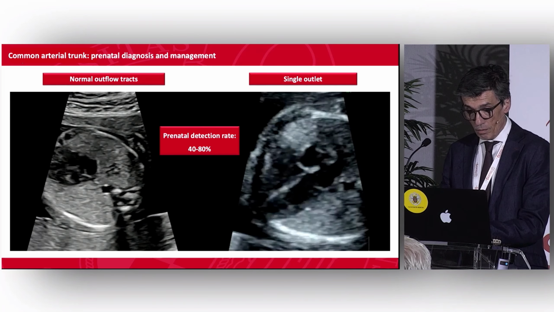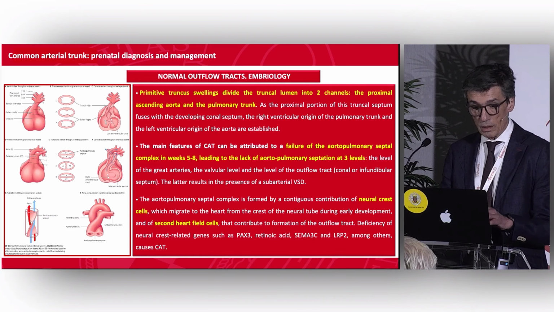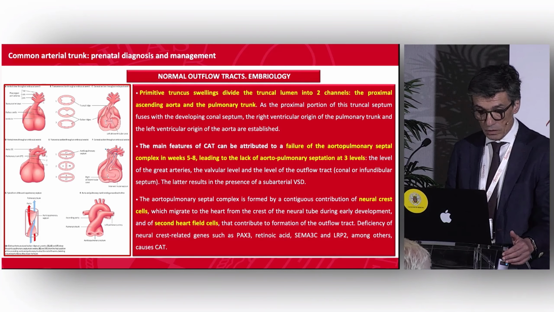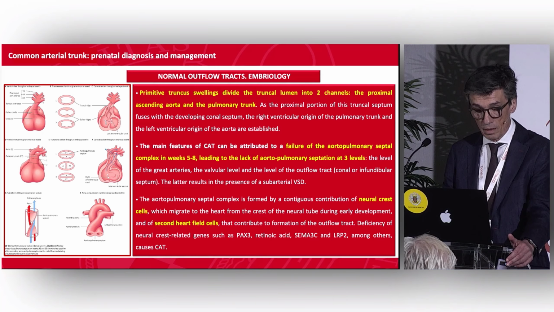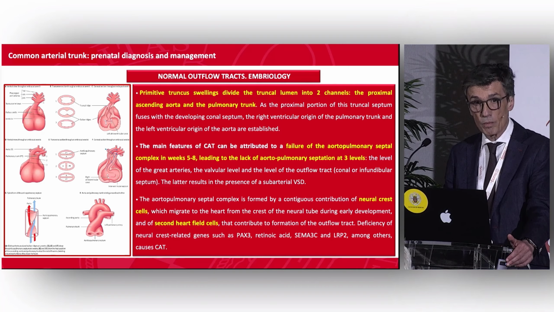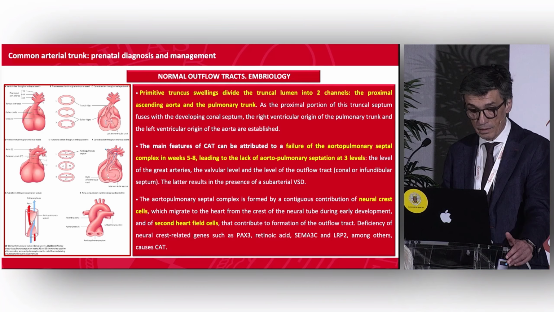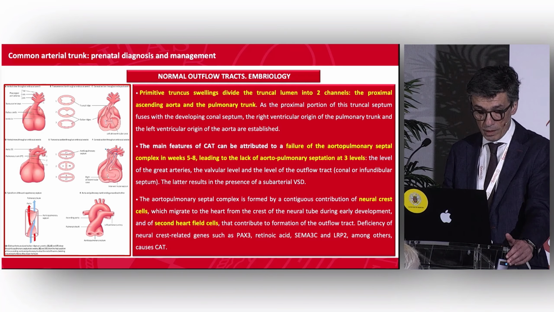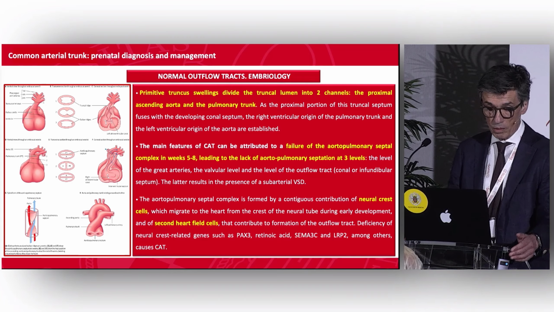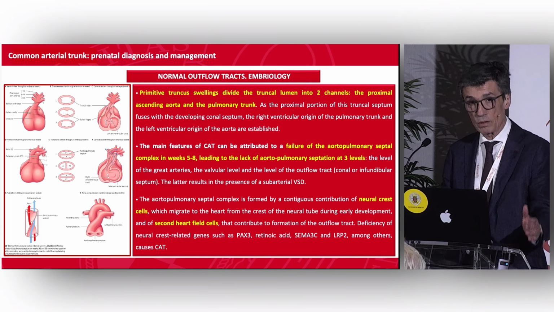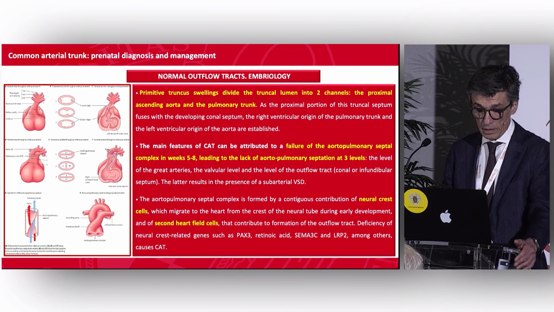Let me remind you very simply of the embryological basis of this condition. We all had, in the first 4 weeks of pregnancy, a common arterial trunk. In the 5th week of pregnancy, the truncal swellings, together with the conal septum, divide this common arterial trunk into 2 equally sized great arteries, the pulmonary artery connected to the right ventricle and the aorta connected with the left ventricle.